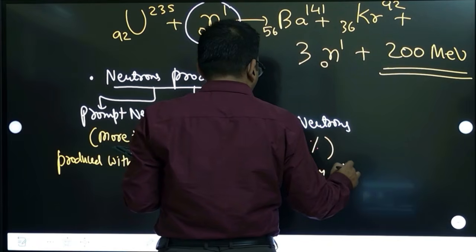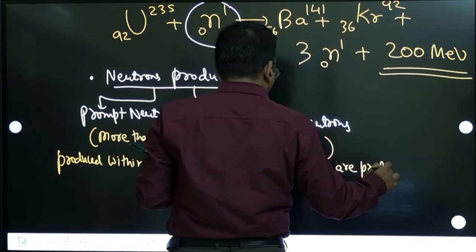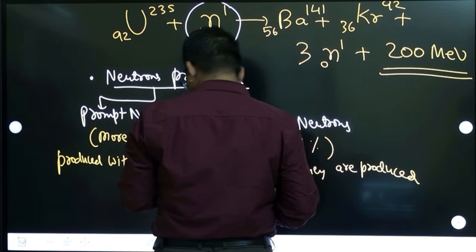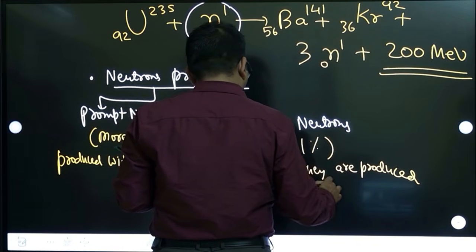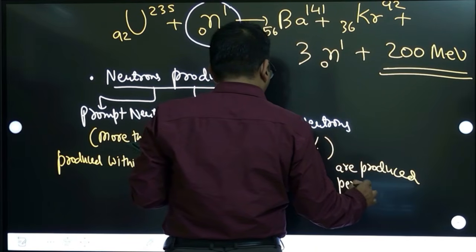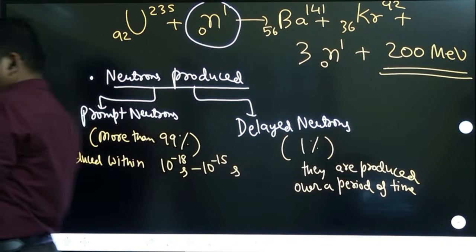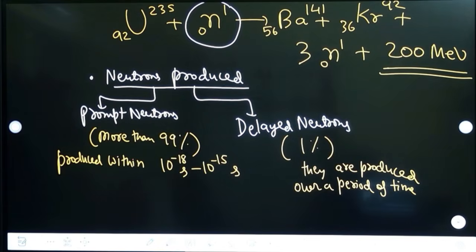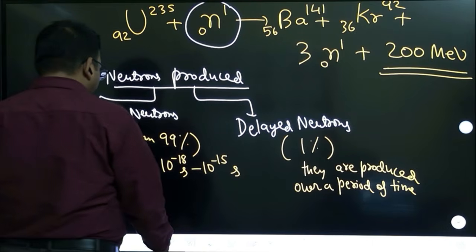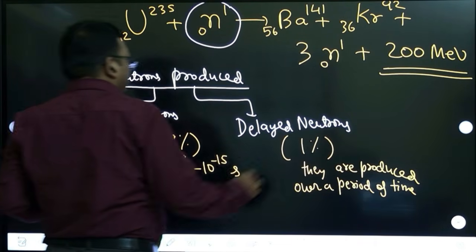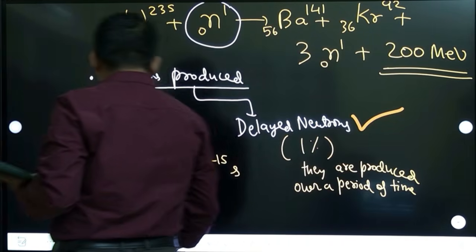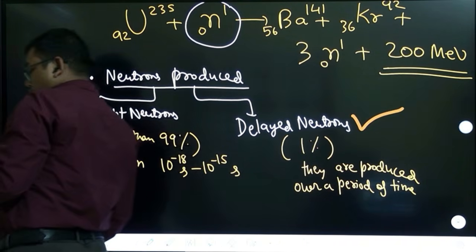They are produced over a period of time. And these delayed neutrons are very important for nuclear reactors or nuclear reactions.